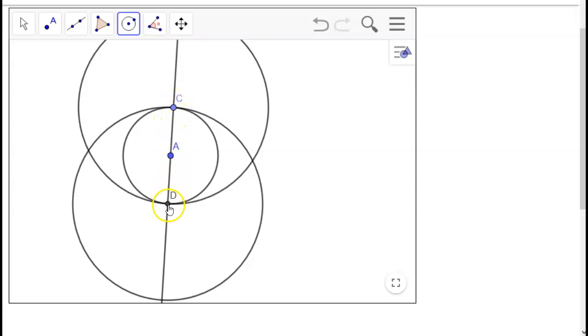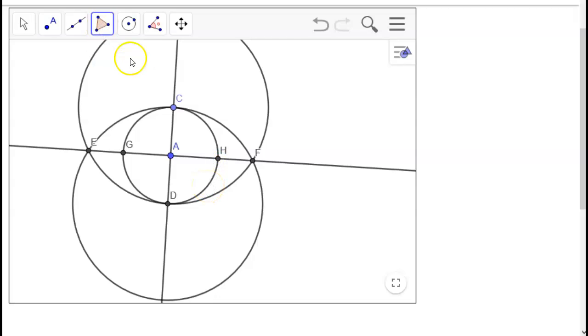So circle with the radius, circle with the radius. And now we've got this line right here. And now we can see that these two lines have intersection points on the circle. So they intersect with these circles. So we've got an intersection point here, here, here, and here. Now, those are the four corners of our square.